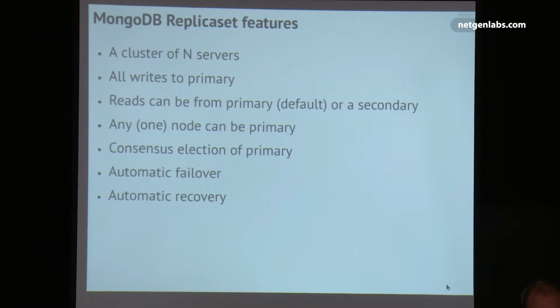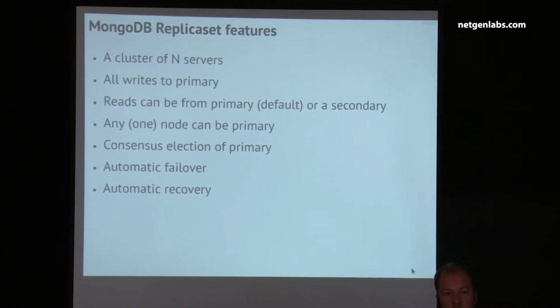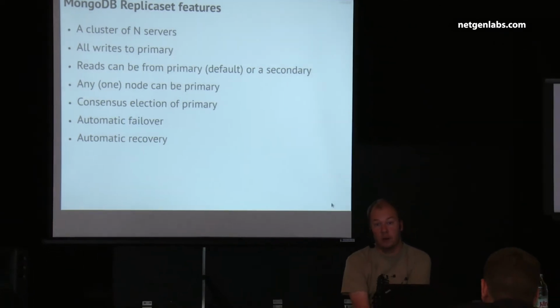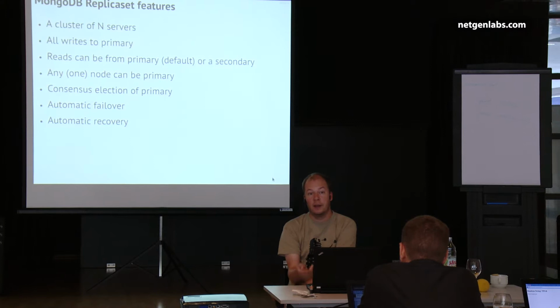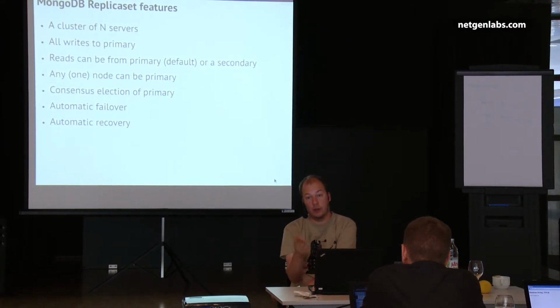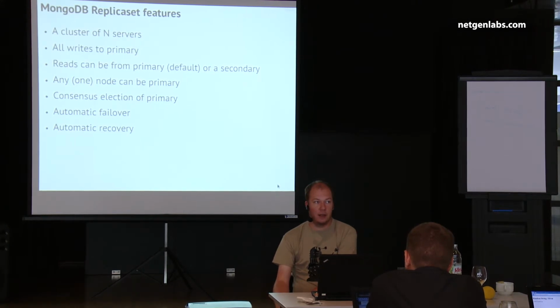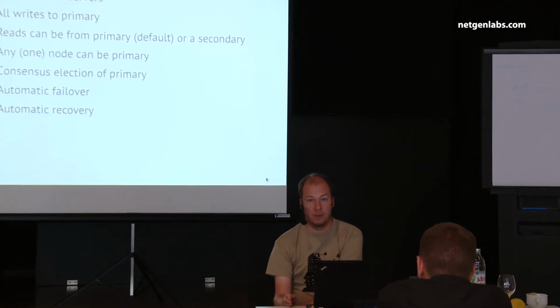So you can set priorities on nodes as well, right? You can set, I prefer this node to be the primary node. So if it goes down, then another node can take over. But when that node comes back up again, because it has a higher priority, it will trigger an election itself so that it becomes primary again. In most cases, I would advise against doing that, because it means you have another disruption when it comes back online.